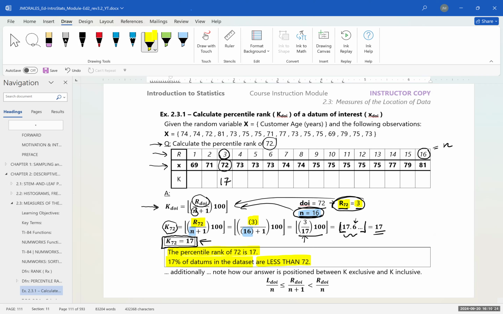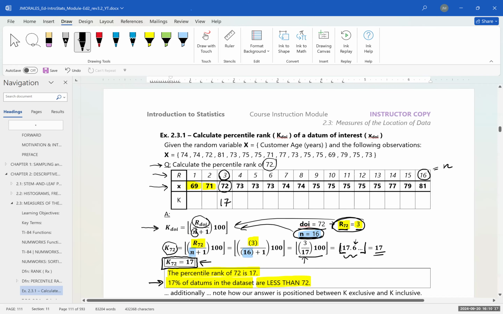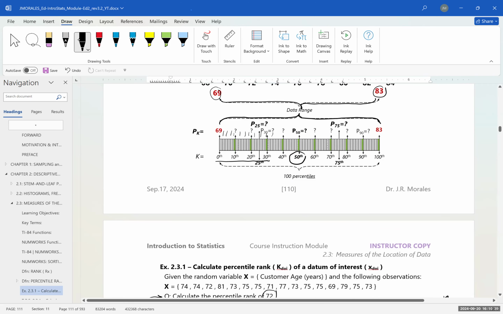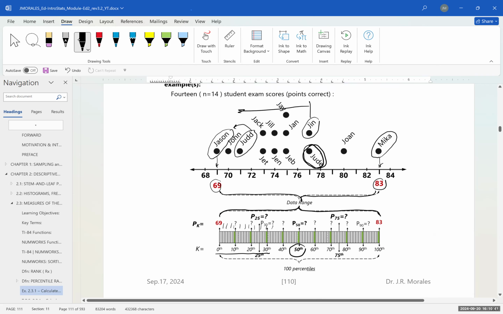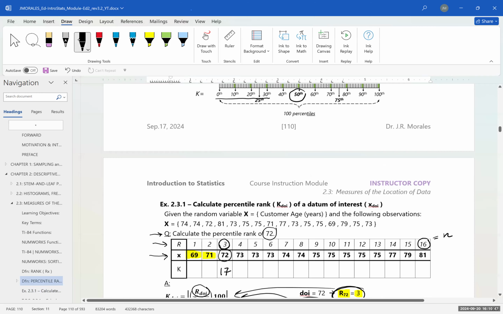So these two other datums, 71 and 69, are part of the 17% of the total datums that are less than 72. So if we go back up here, we can see that, let's see, 72.